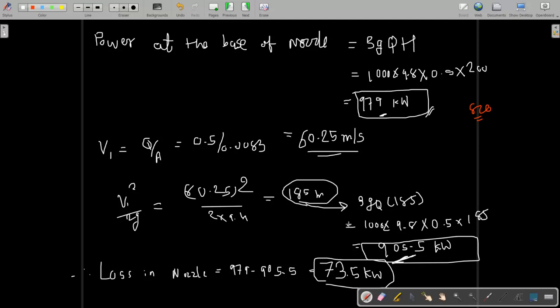Okay, so here we can write the efficiency of the nozzle is what, power output from the nozzle, or the total water power available at the exit of the nozzle, that is 905.9, divided by total energy stored in the water, it is 979 kilowatt we have found out. So when you take the ratio, you will find a 92% efficiency.